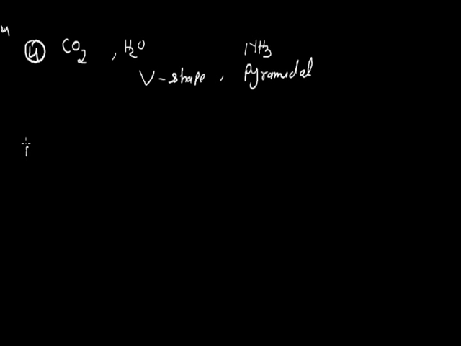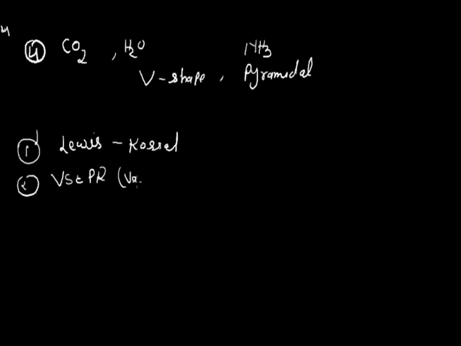The first theory is given by Lewis and Kossel, and the second theory is given by Gillespie and Nyholm, and that is called VSEPR theory. Its full form is valence shell electron pair repulsion.